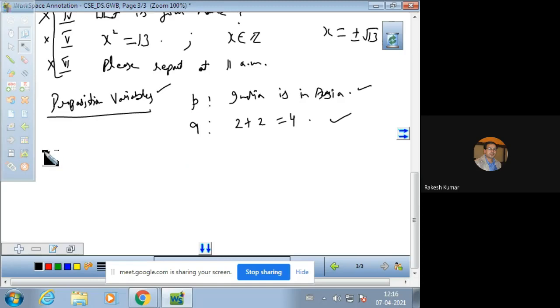Okay. We have a small example. Classify the following statements as prepositions or non-prepositions. You will classify the statements as prepositions or non-prepositions.